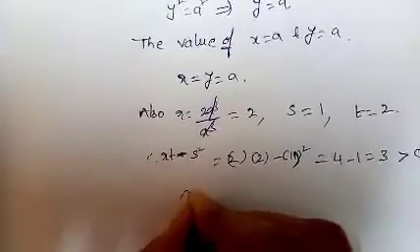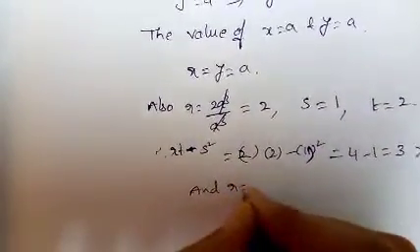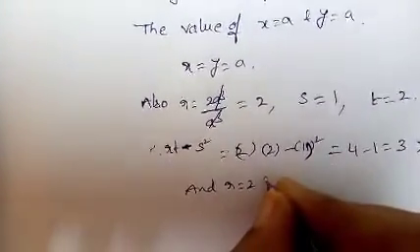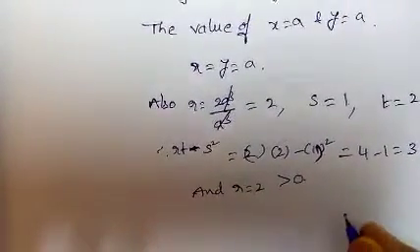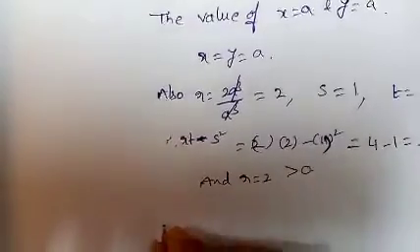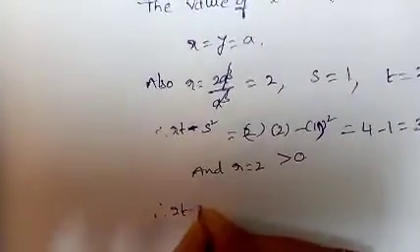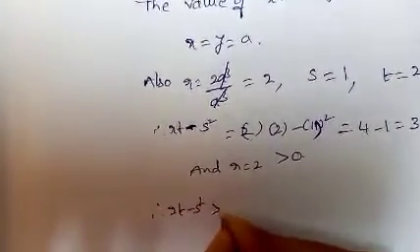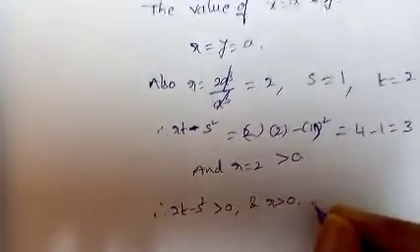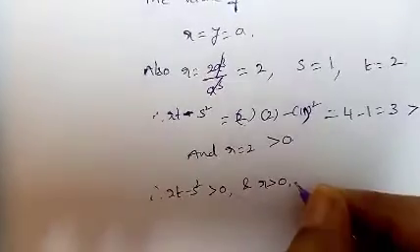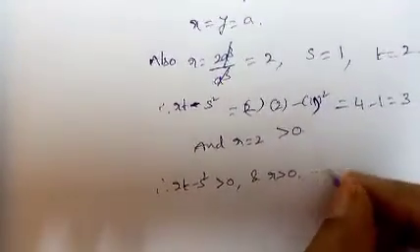And r equal to 2, so this value is also greater than 0. Therefore rt minus s square value is greater than 0 and r greater than 0. So therefore this function has a minimum value.